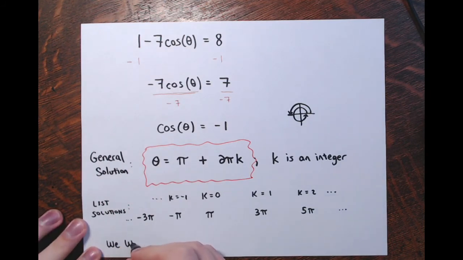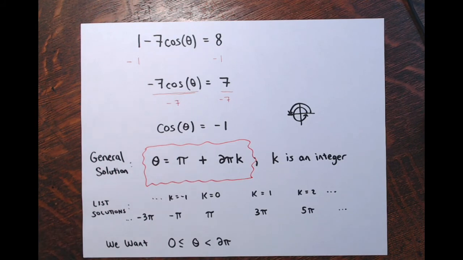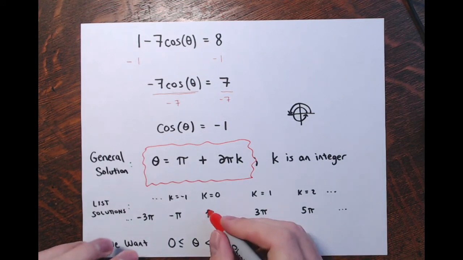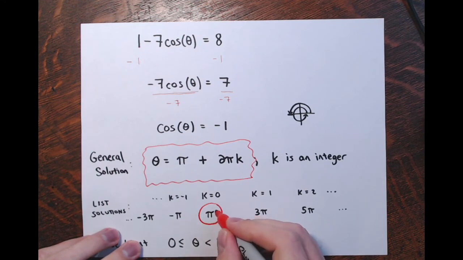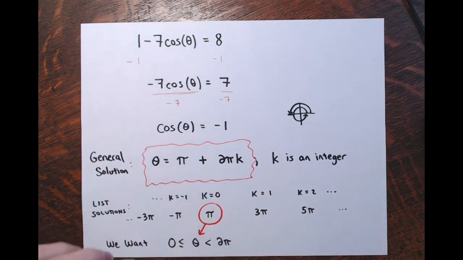But we want just the values of theta between 0 and 2 pi. If you look at any of my solutions here, these are too big and these are too small. The only one that works and is also within this range is pi.